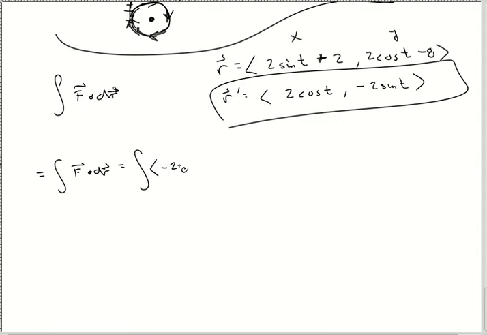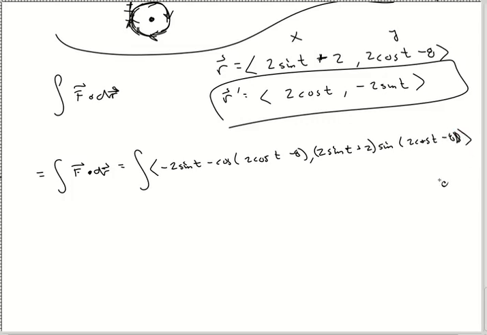I got -2 sine t minus cosine of 2 cosine t minus 8, comma, 2 sine t plus 2, and then all this stuff here times the sine of 2 cosine t minus 8.